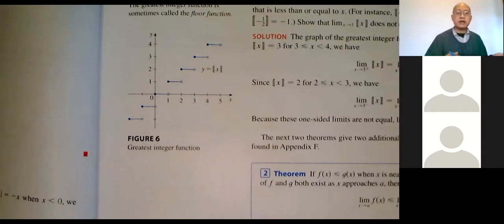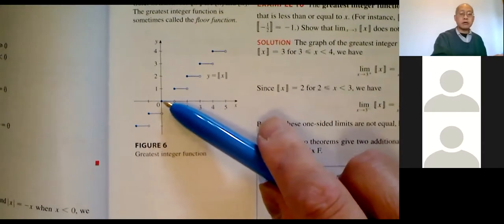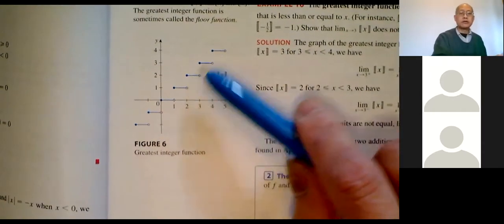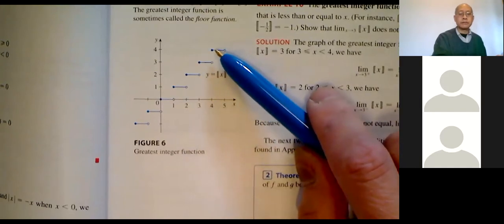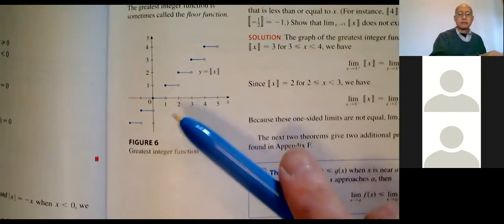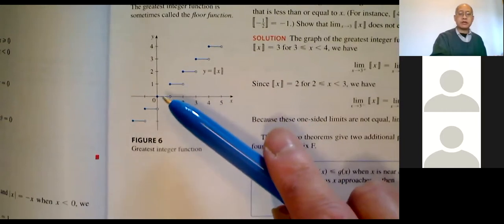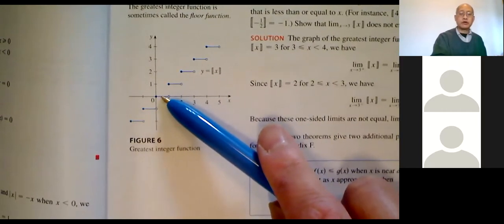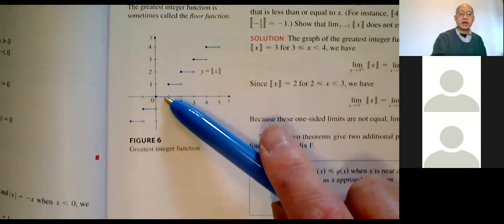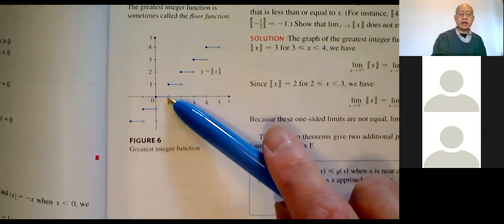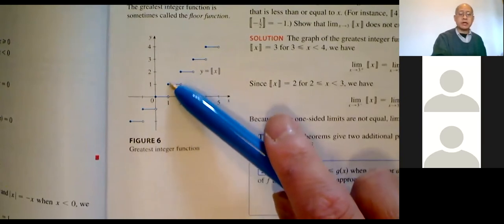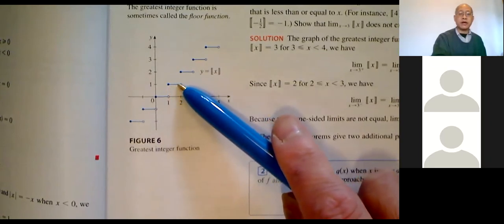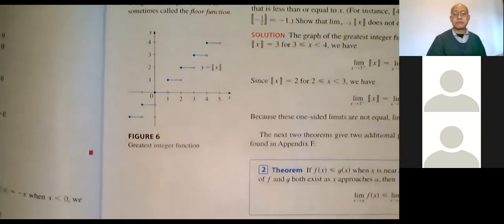Because the greatest integer function of 0 is 0, closed circle, 1 is 1, 2 is 2, 3 is 3, and so on. The function value is still 0 if I have 0.1, 0.2, up to 0.99, 0.9999. Then once I get to 1, it jumps up to 1. And then I move 1.1, 1.2, 1.5, 1.9, 1.999, it stays 1, and then it jumps up to 2. That's what it looks like.